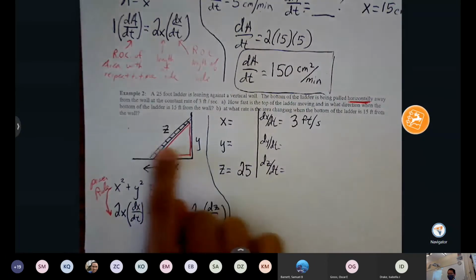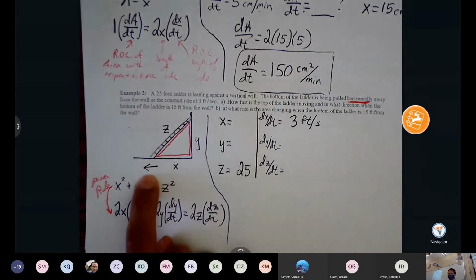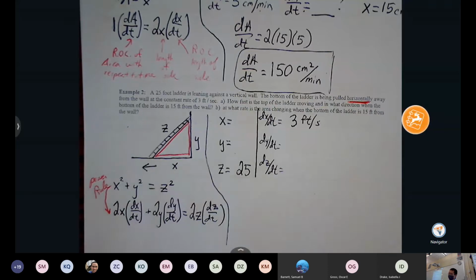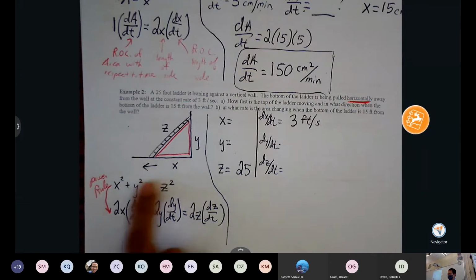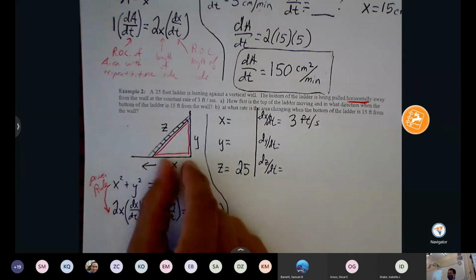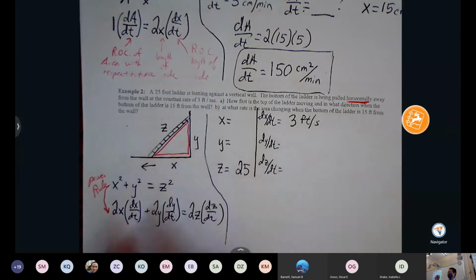Now I purposely drew this diagram going left because I don't want us to get confused and assume that left is negative, right is positive, up is positive, down is negative, right? The direction has no impact. It's what's happening to that length. So every problem, you're going to have to visualize it.